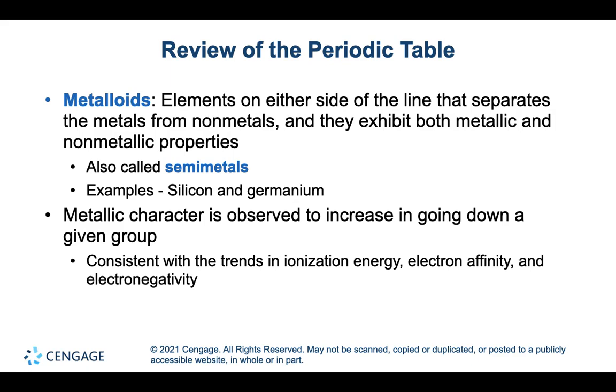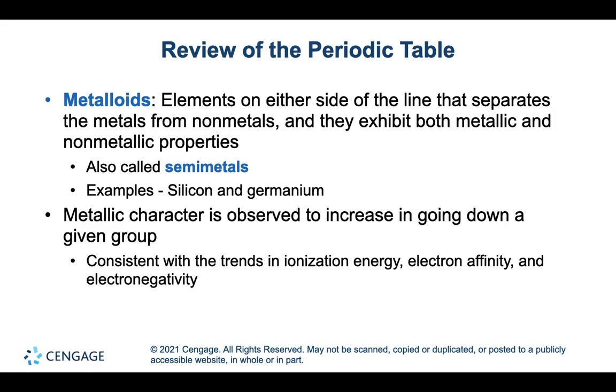Metallic character, if we think of just how metallic an element is, we see that as you go down a group, electrons are farther and farther from the nucleus, which makes them easier to remove, and so metallic character increases. So the trends in ionization energy would be that the ionization energy lowers as you go down a group, which is a trait of being metallic.